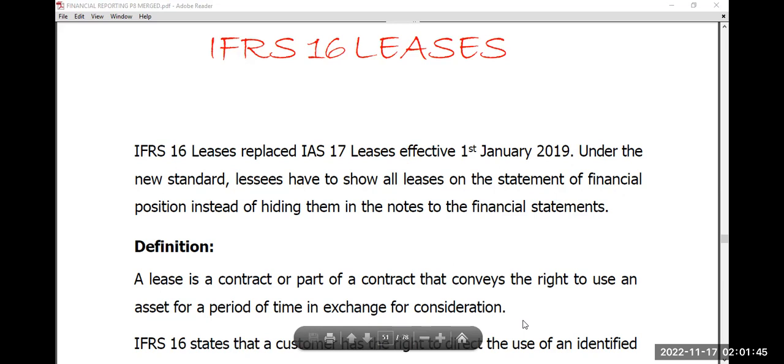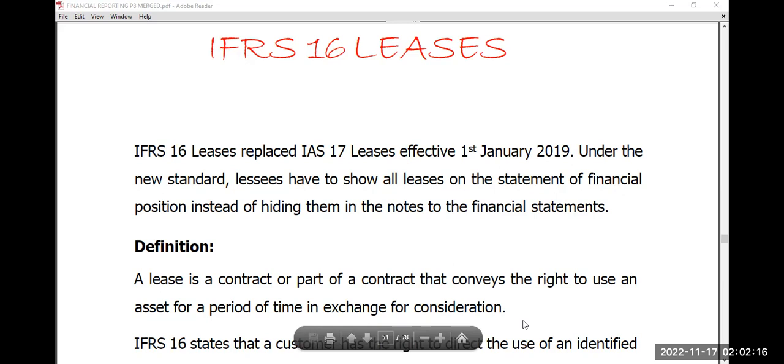We are going to look at how we account for leases and what parties are involved within the lease agreement or transaction. We are going to see how each of these parties accounts for the leases from their perspective, and we look at the recognition.